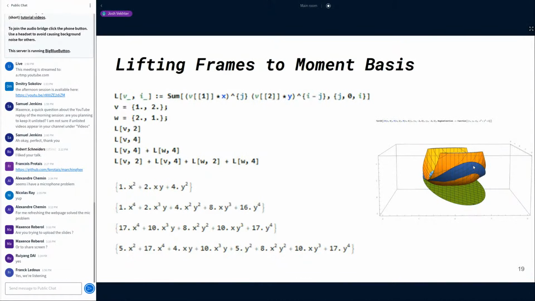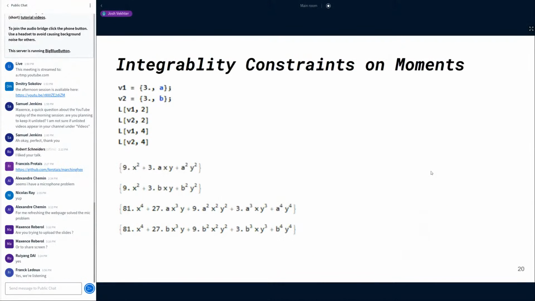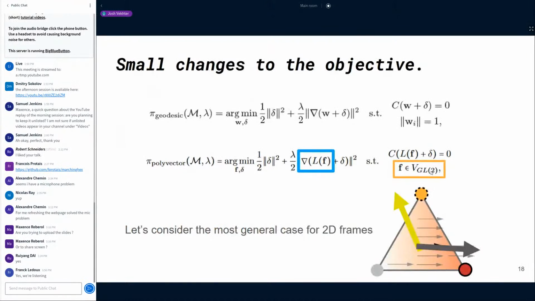Specifically, we're restricted to a circle, so we're showing the value of this function on some circle of a fixed radius. So that's the lifting.